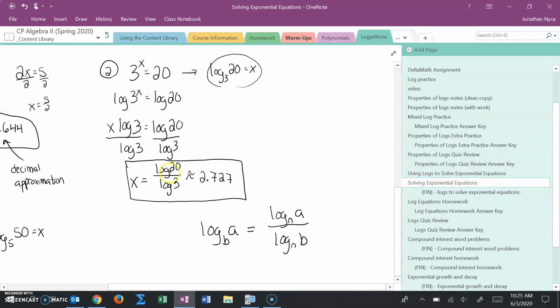We use log base 10 because that's what our calculator has. So we could rewrite this as log base 10 of 20 over log base 10 of 3, and that's the same thing that we got down here. This is the algebra for why it works. This is just a shortcut, something that's called the change of base formula.